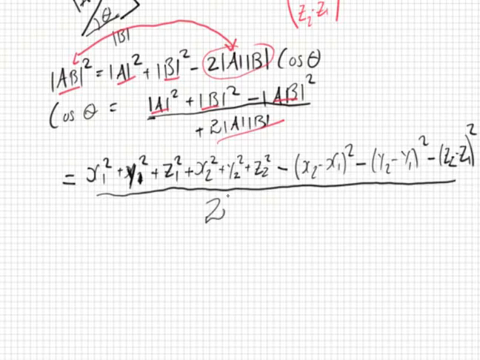I don't want to put too much on one line, so I'll leave it like magnitudes. But of course you know it's square root x1 squared plus y1 squared plus z1 squared.